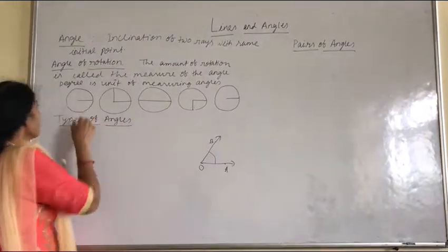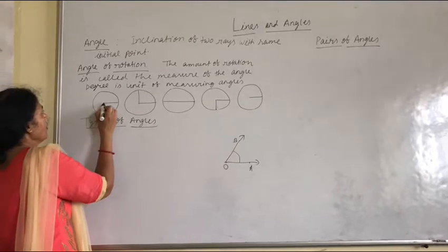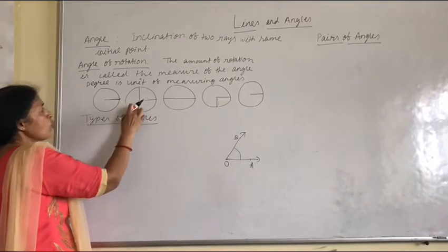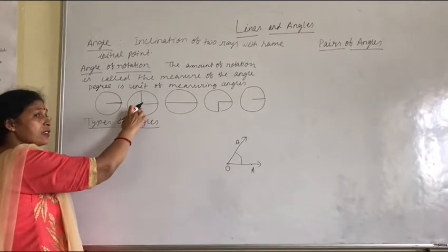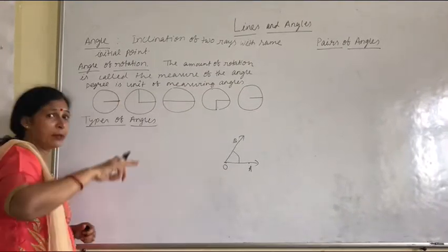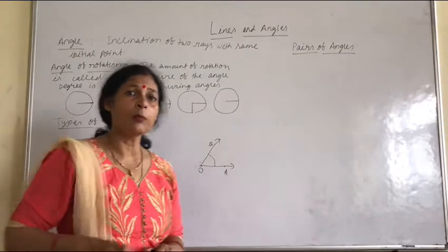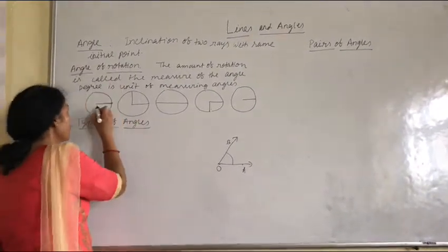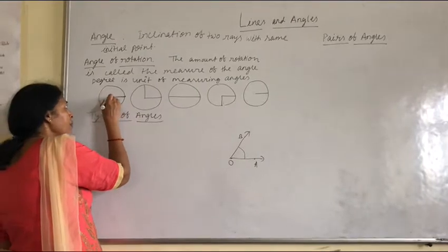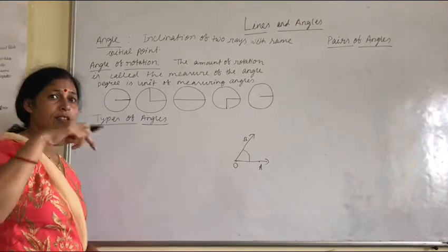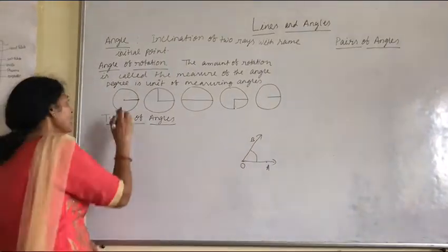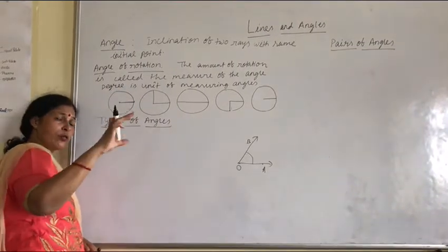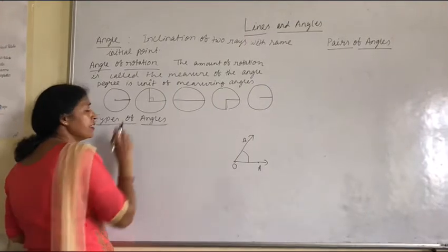Suppose this is the 0 degree. Suppose starting from 0, this is 1/4, half of the total angle. The measurement of the complete angle is 360 degree. Suppose the complete rotation from the vertex is 360 degree. If you rotate 1/4 from here, that means this is your 90 degree.